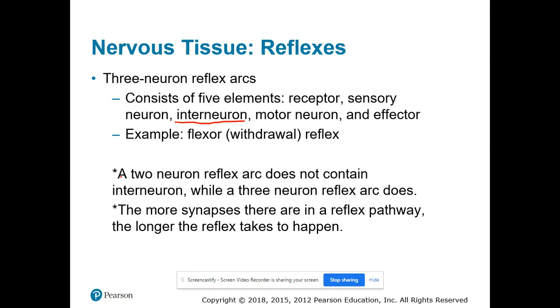So down here, I put a star. A 2-neuron reflex arc does not contain an interneuron, while a 3-neuron reflex arc does. I also put a note down here. The more synapses there are in a reflex pathway, the longer that reflex takes to happen. So 3-neuron reflex arcs tend to be a lot slower than if you had a 2-neuron arc.